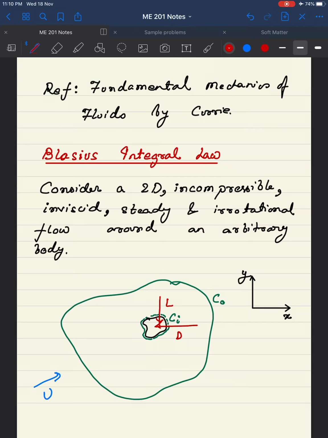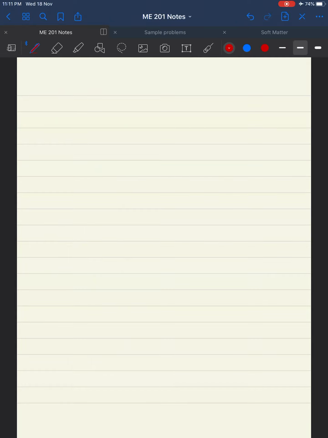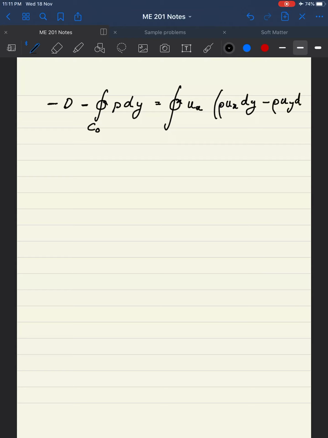Okay, so now we are going to consider inviscid flow. So we are going to neglect viscosity, and we are now going to consider the x momentum and the y momentum equations for this particular case. So now the forces can be written such that you have minus D equal to the integral of p dy, plus rho ux uy dx.